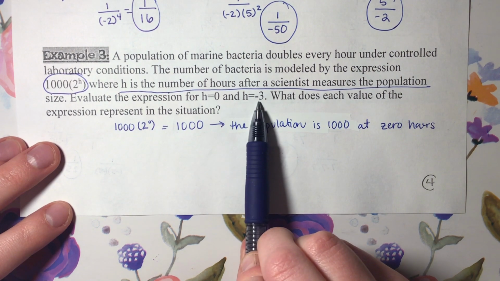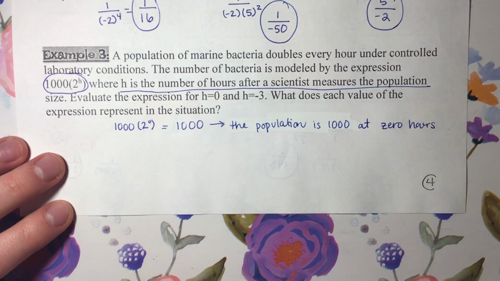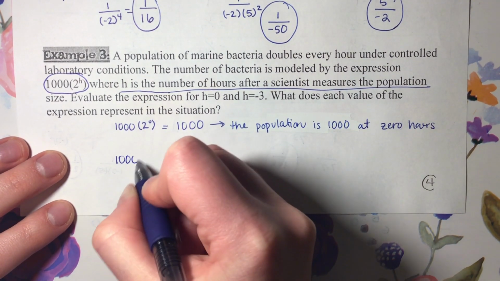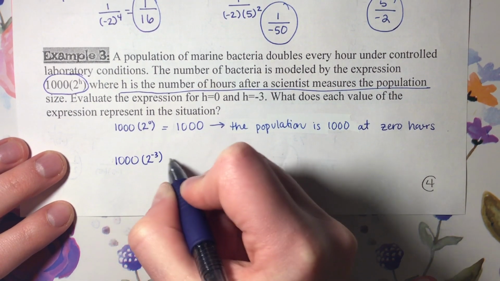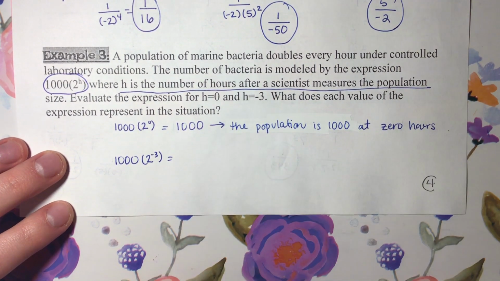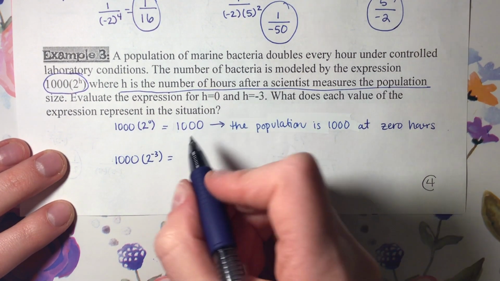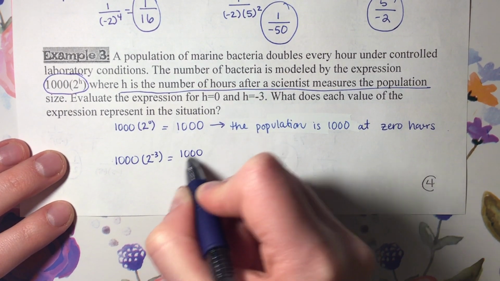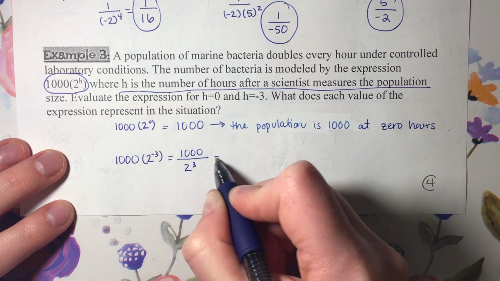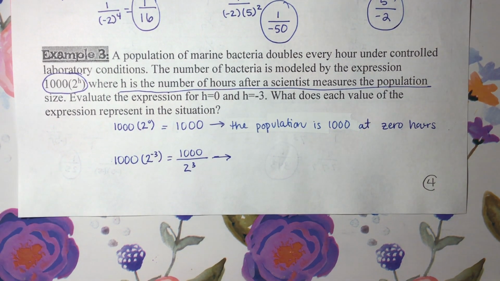Now let's plug in the -3 and see what would happen to the population then. So I have 1,000 times 2 to the -3, which is equal to, I want to move this to the bottom of the fraction just to make it be a positive number. So I have 1,000 over 2 cubed.